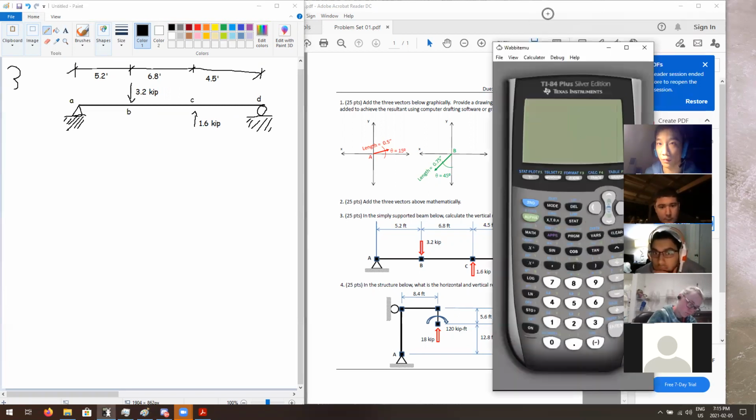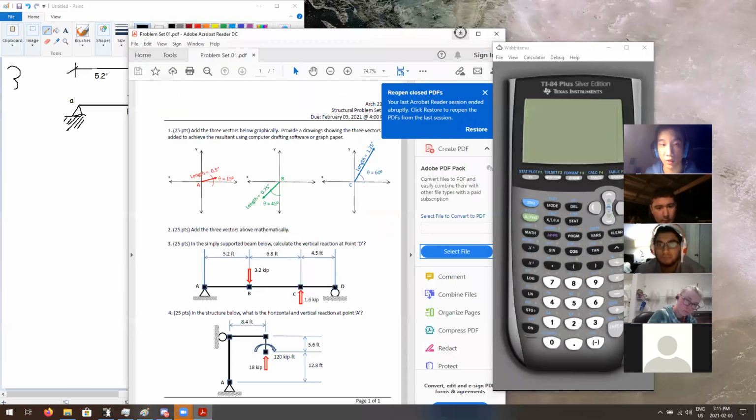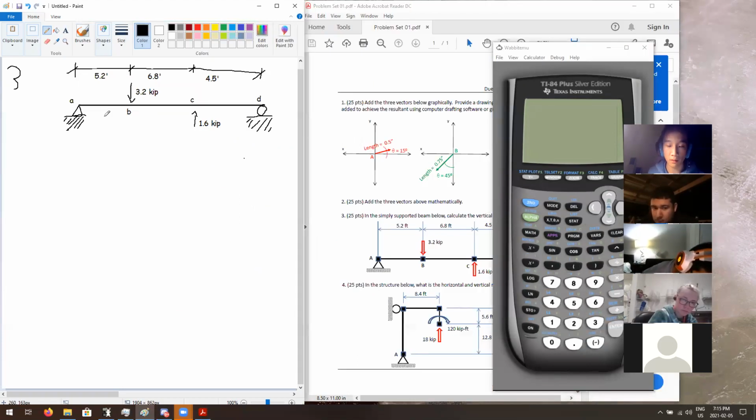All right, cool. Now that we got the problem, in the simply supported beam below, we calculate the vertical reaction at point D. For pins, there are 2 reactions: a reaction in the x direction of A, and a reaction in the y direction.